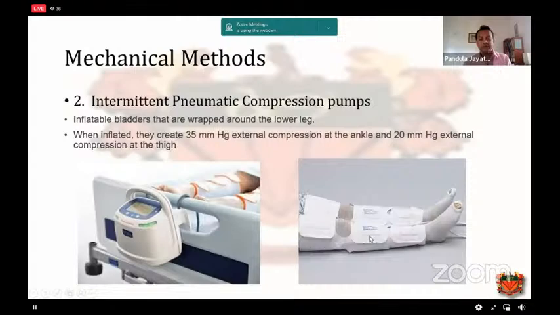You have to use it in patients who are at very high risk of developing DVT, because these are not widely available. And the problem would be these cuffs or bladders would be disposable. Then the availability is the problem for our patients.